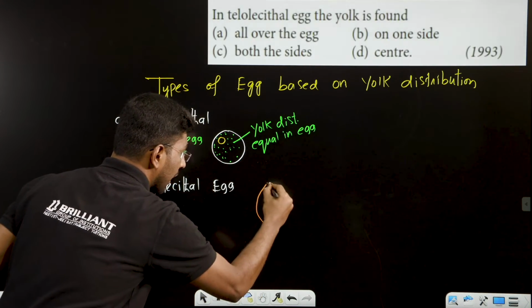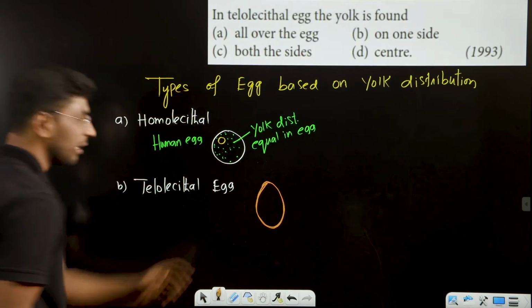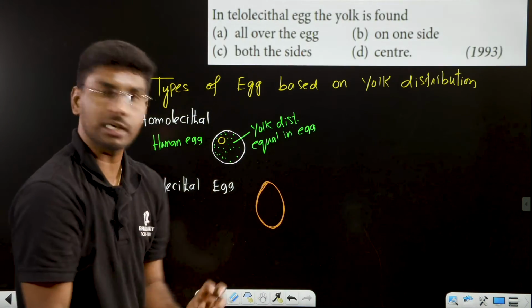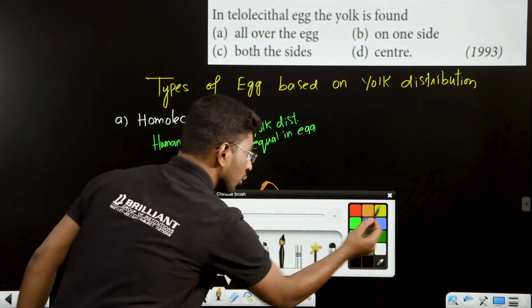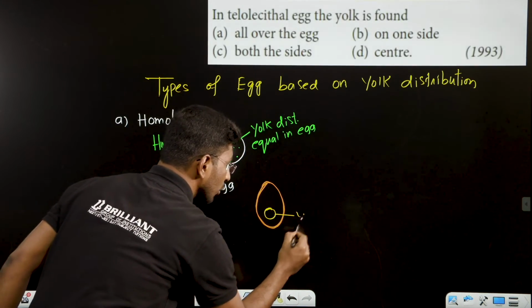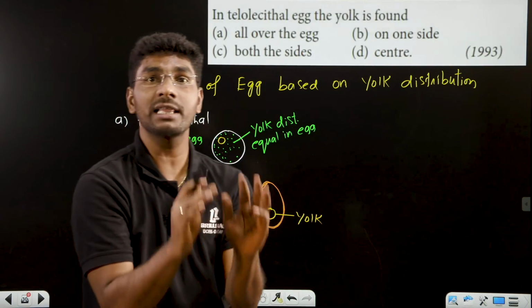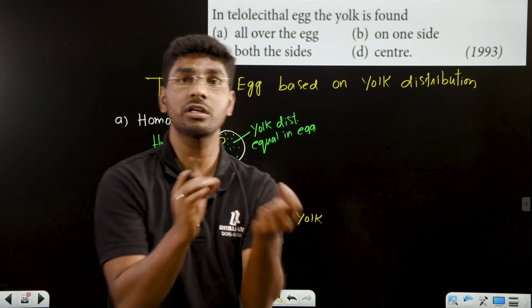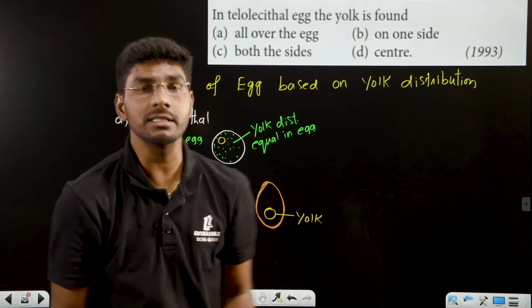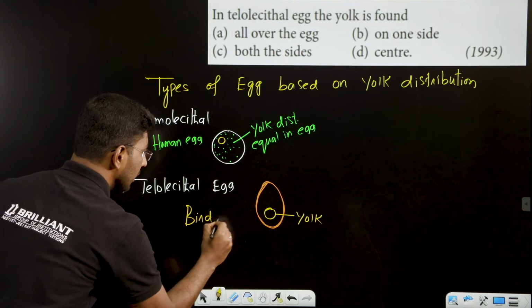We identify the yolk is on one side only. This is the calcium carbonate shell, and the white part is the glycoprotein. Where is the yolk? Yolk is on one side of the egg. If yolk is distributed on one side of the egg, such types of eggs are called telolecithal eggs. Example is bird eggs.